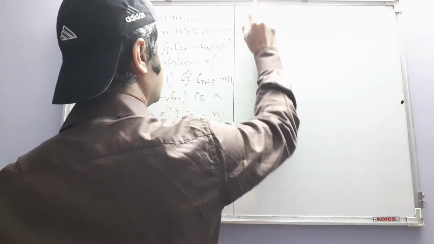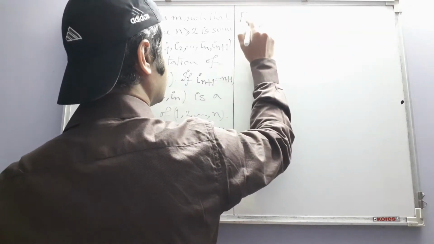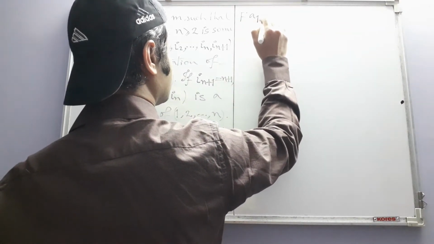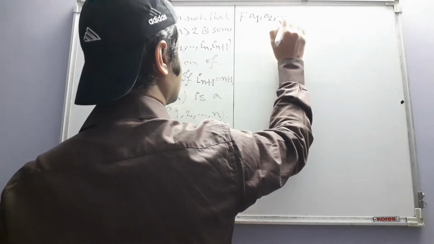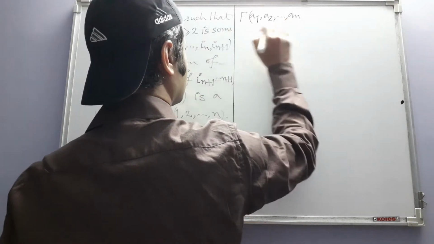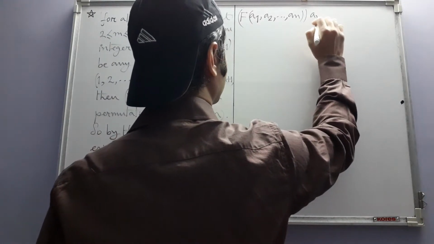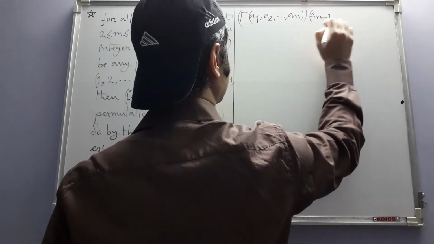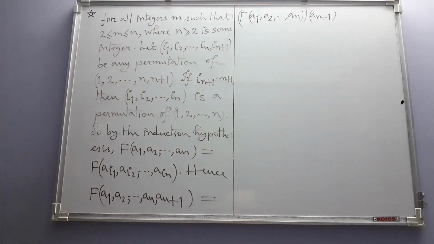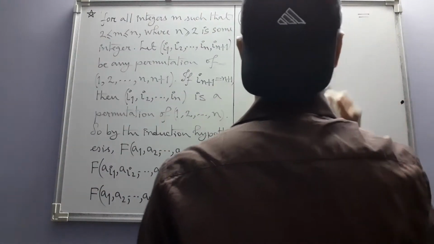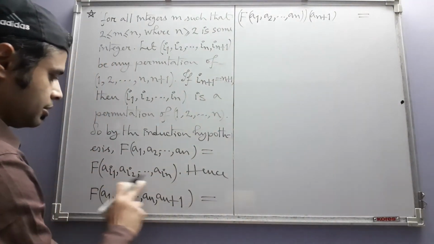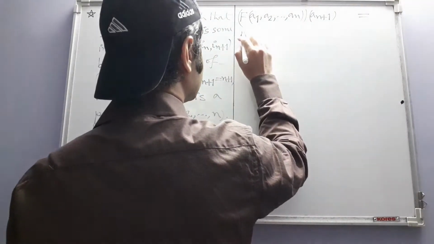Is equal to the extension of this extension obtained by adjoining a_{n+1}. Okay, and now we have shown that this is equal to this.